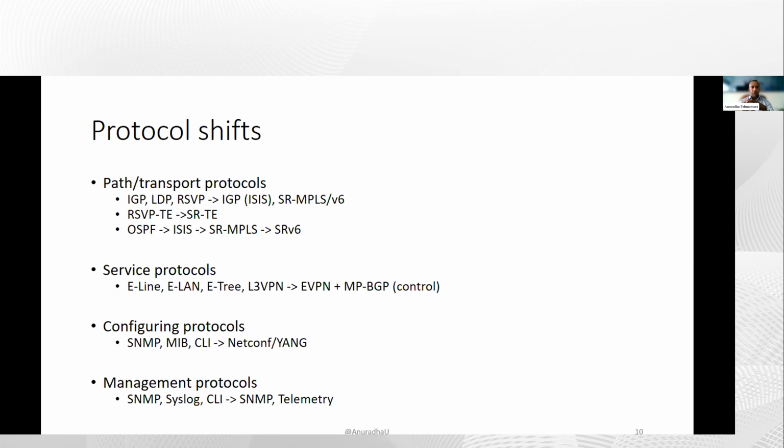And service protocols, if you want to compare them, like traditional MEF type of services, Ethernet services, and IETF IP services, are moving to a common umbrella of Ethernet VPN, using multi-protocol BGP as the universal control protocol for all the services.